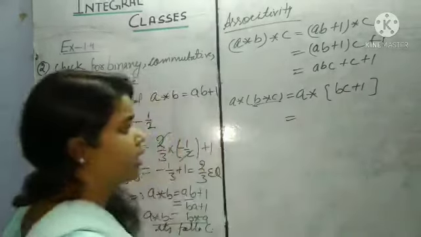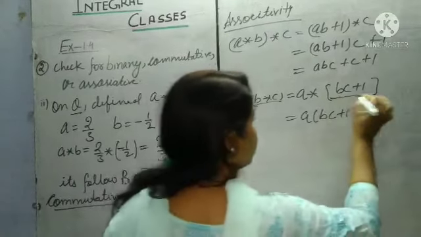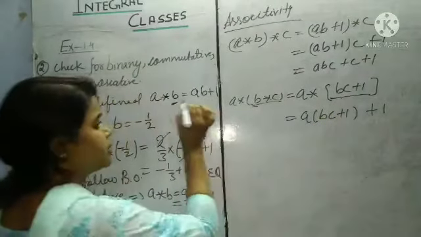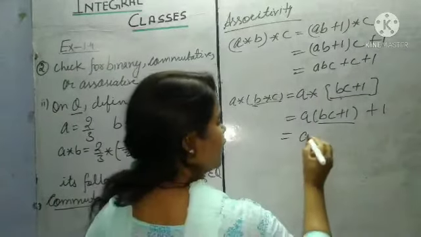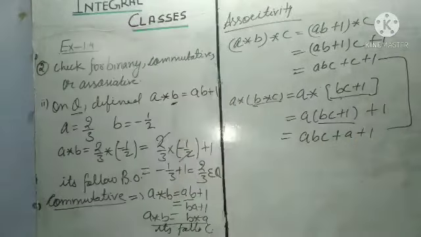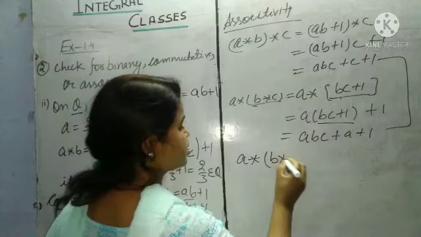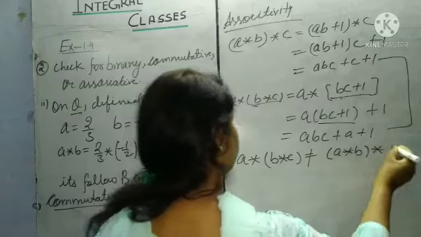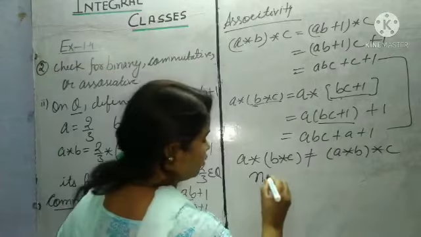Now again we apply, it becomes A into BC plus 1 plus 1. We hold this bracket. Now multiply: ABC plus A plus 1. As we observe here, are these two equal or not? So student, A star B star C is not equal to A star B star C. It means it does not follow associativity.